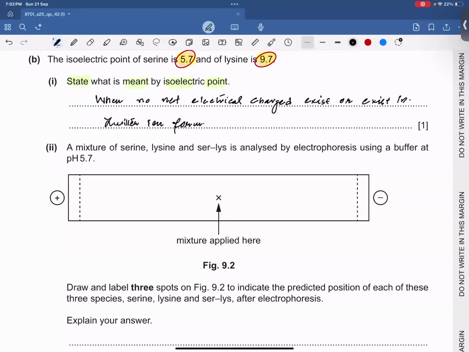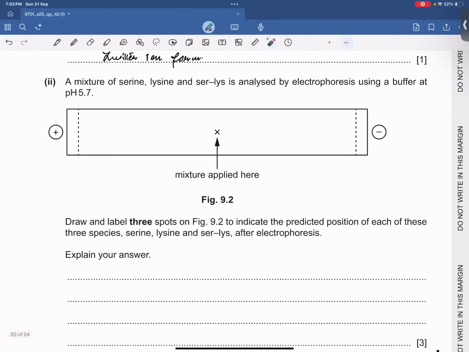That is the isoelectric point. This is basically the electrophoresis we have done in class.